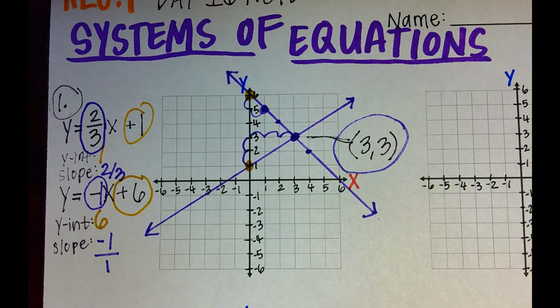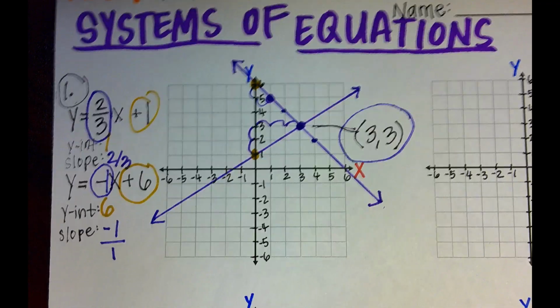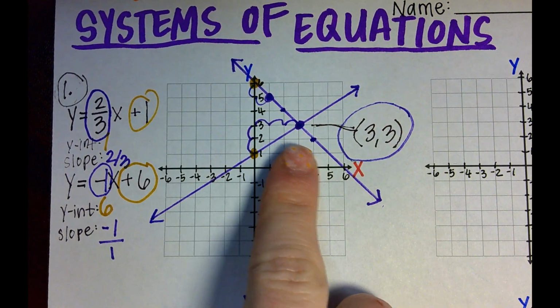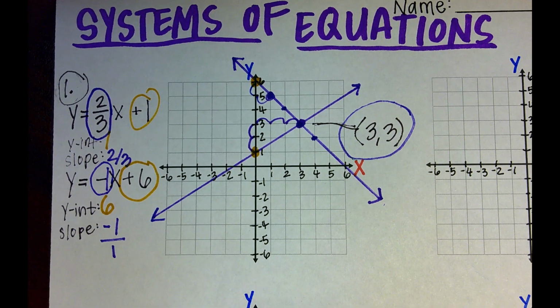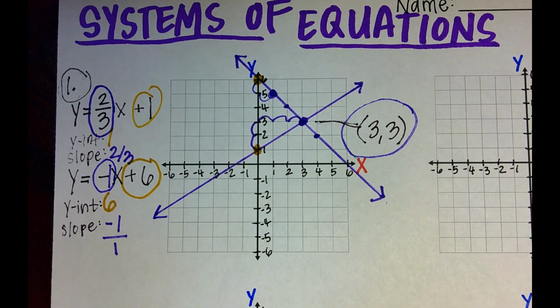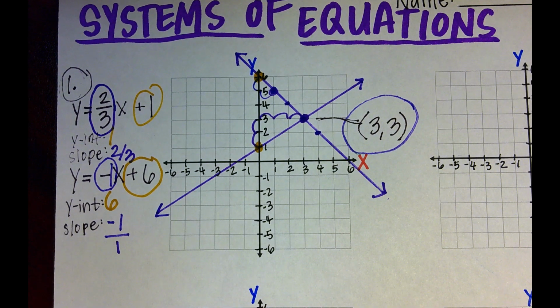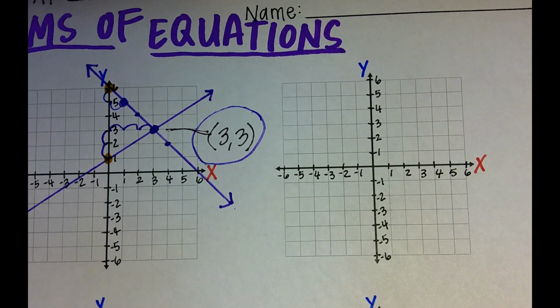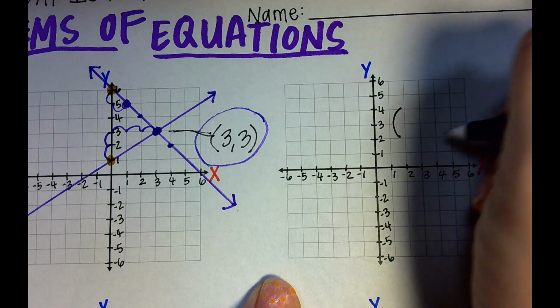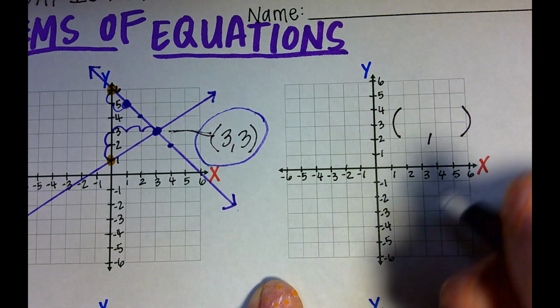Now I'm going to give you guys a little key. This is completely optional. You don't have to write this down, but I was just thinking of it as we were labeling this coordinate. There is a trick to remembering when your x is positive, when your y is positive, or when it's negative. So to the side, I'm going to write a little thing for you guys. If this doesn't help you, you can ignore it.